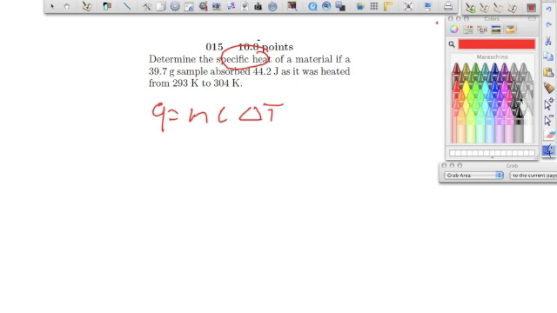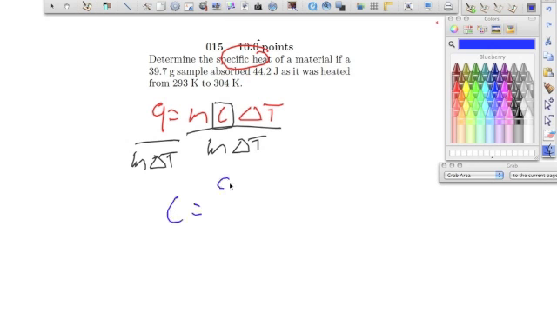Okay, so when I'm using this equation, I am solving for my specific heat, or my C value. So therefore, how do I do that? Well, I divide both sides by M delta T, and I get my equation that I'll be using where I have specific heat equals Q over M delta T.